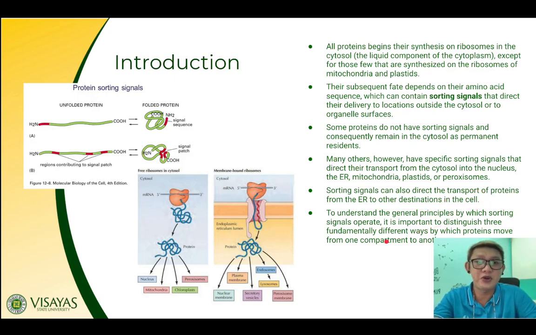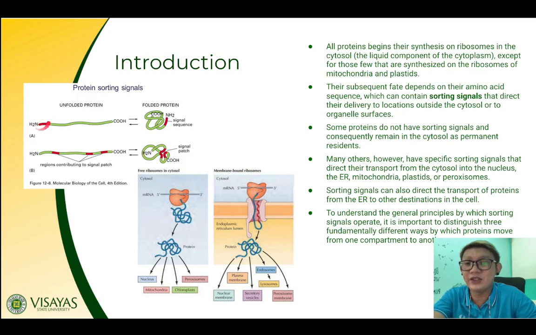To understand the general principles by which sorting signals operate, it is important to distinguish three fundamentally different ways by which proteins move from one compartment to another. Here is an example of an unfolded protein. This is a newly synthesized protein, and at the end terminal of this protein, you can find a signal sequence, or sorting signal. They are the same thing.